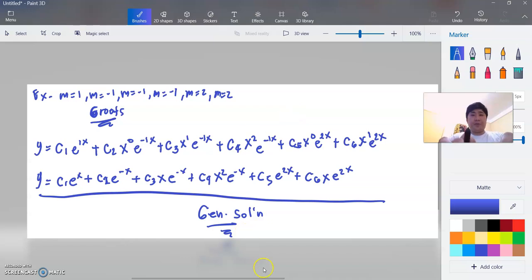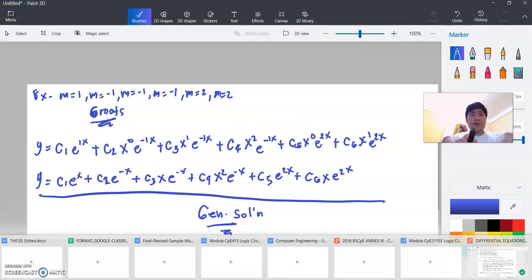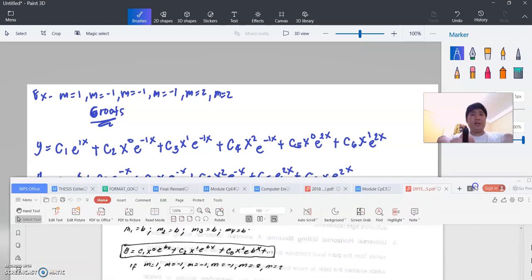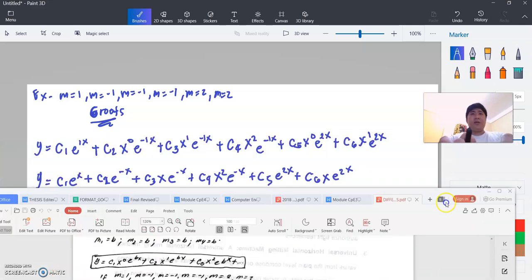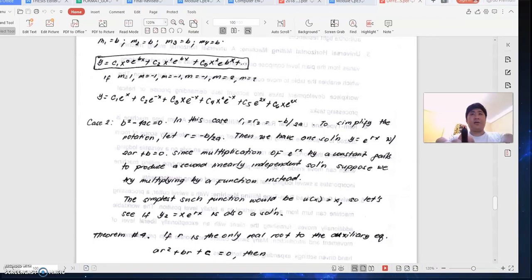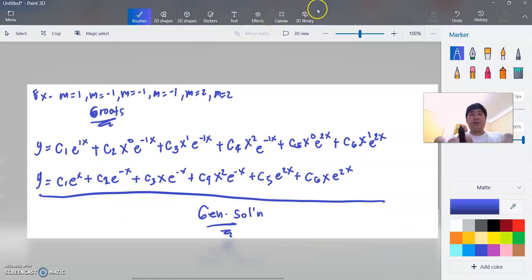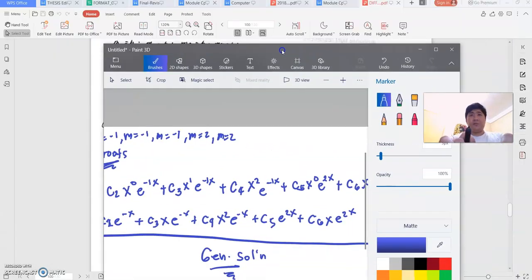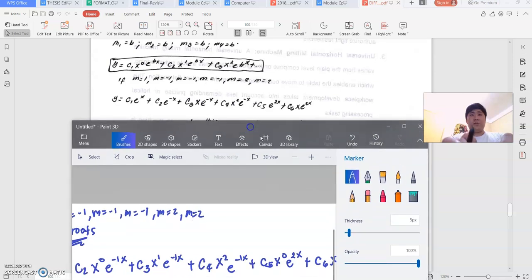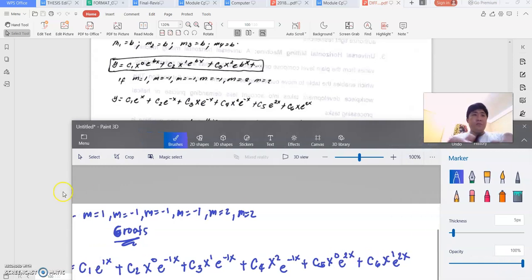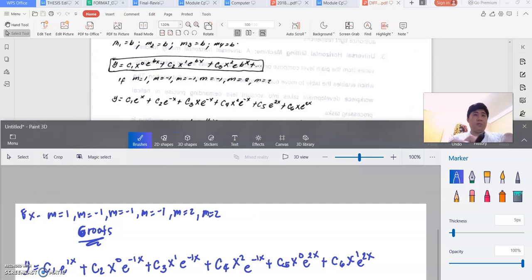In our example, let us look at it. If you look here, let me make it clearer.